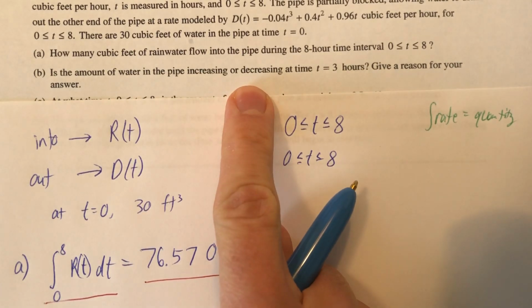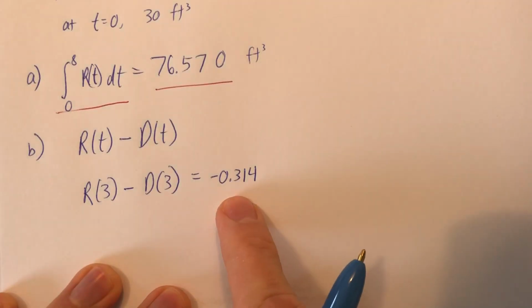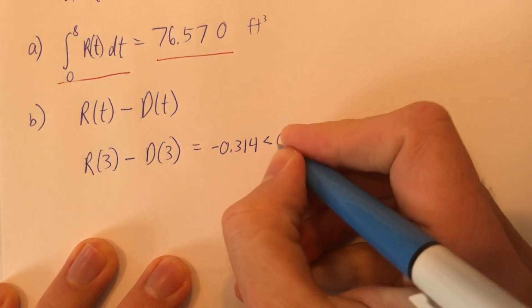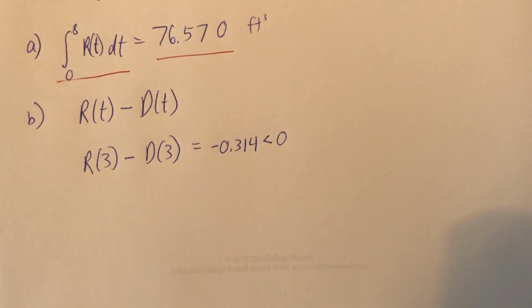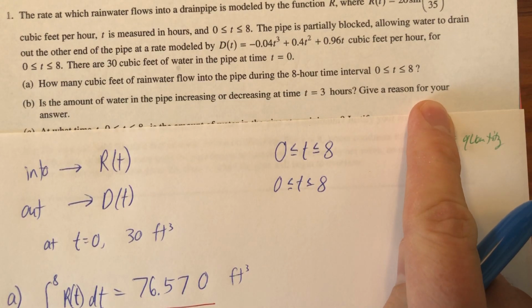Is it increasing or decreasing? My rate of change is negative. So because it is negative, I know it is decreasing. So let's read the problem again. Give a reason for your answer. Oh, I better do that.